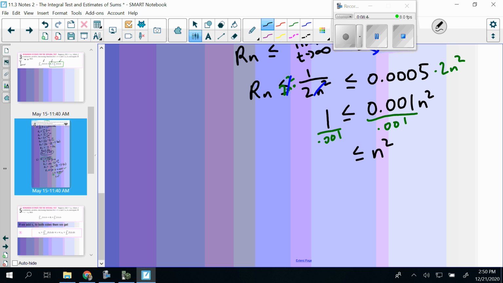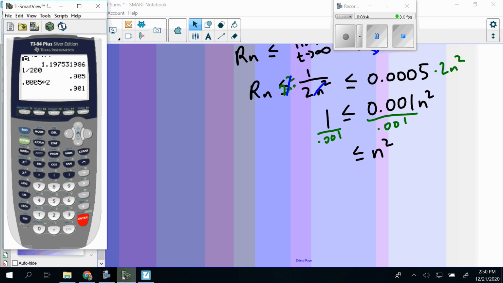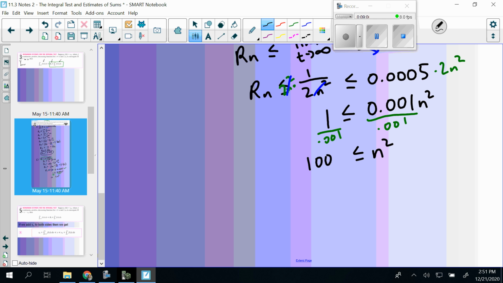Now this side is going to be n squared. So if we do 1 over the previous, we get 1,000. So now we know n squared here is greater than or equal to 1,000.